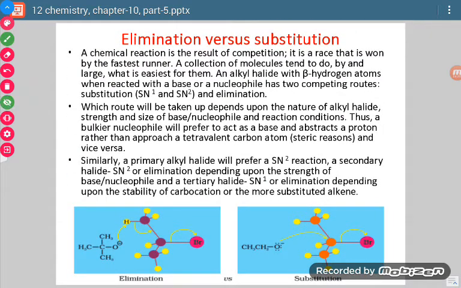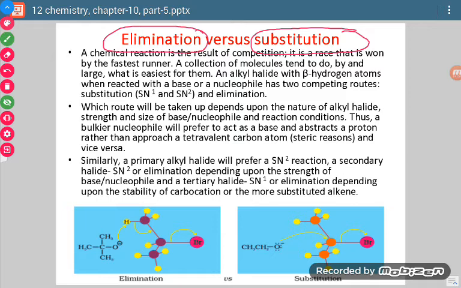Now let us discuss the difference between elimination and substitution. In case of alkyl halides, either elimination will take place or substitution will take place. Which will occur depends on the type of reactants involved.